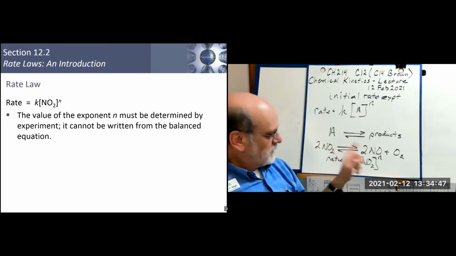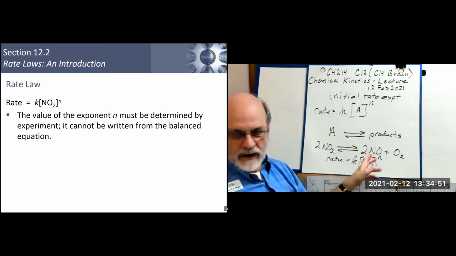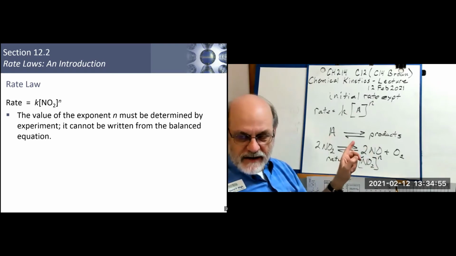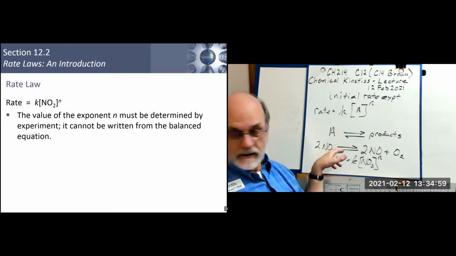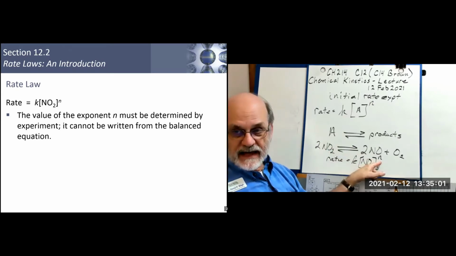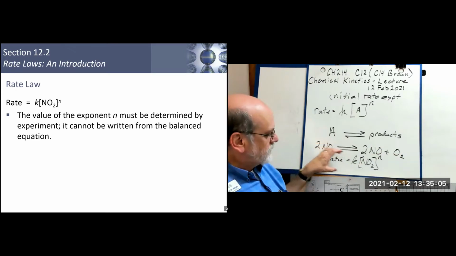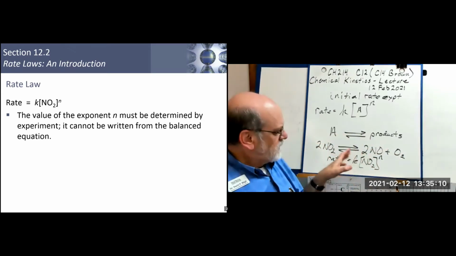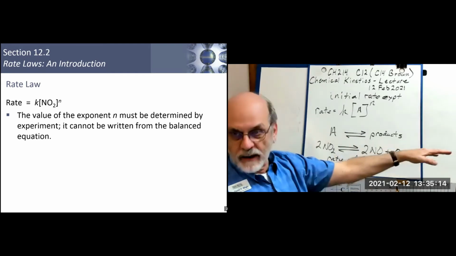Now, I'm going to show you in a few slides, not right away, there are circumstances in which you can use the coefficient to determine the n, but not for the overall reaction. This is the overall reaction. What we're going to get into in a few minutes is these reactions rarely occur in one step. From here, bam.